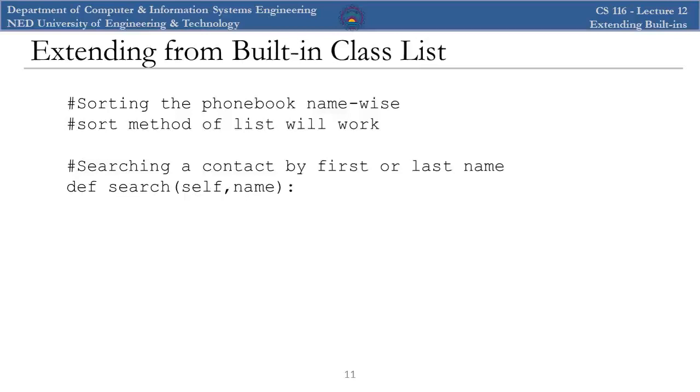Another thing that we need to decide here is: should I return from this method as soon as the first occurrence is found, or should I create a list of all the names which contain this string name? It could be either way. I'm going for the second approach: I'll search the whole contact list, gather all the records which contain this string name, and then form another list. I'll create a new list, and then I'll return that list to the caller.